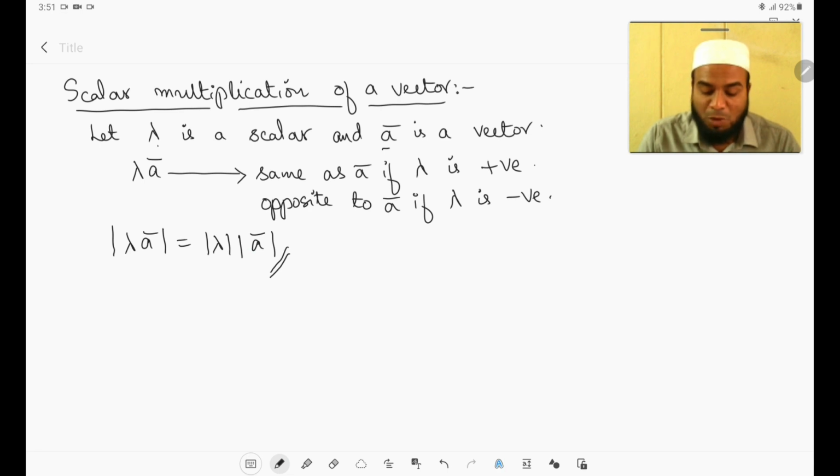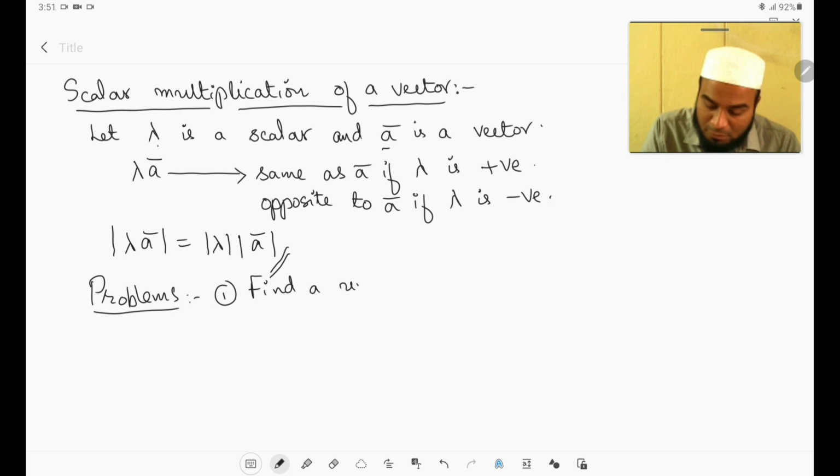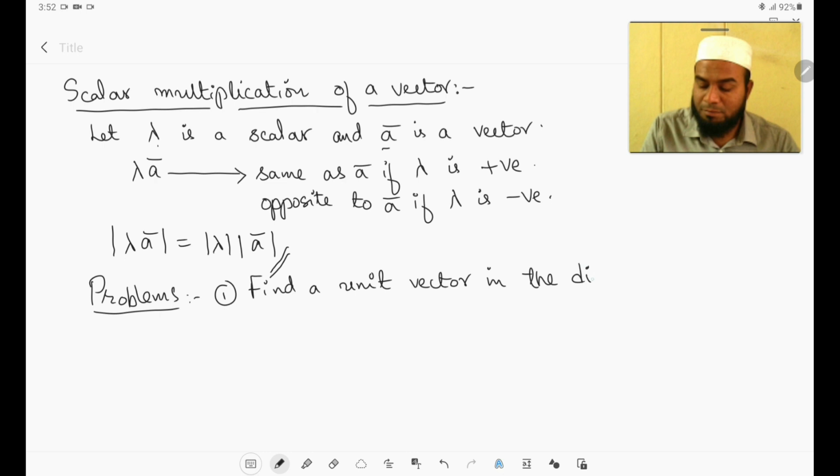Now we will see a few problems in vectors. So consider the first problem. What is given? Find a unit vector in the direction of the vector.